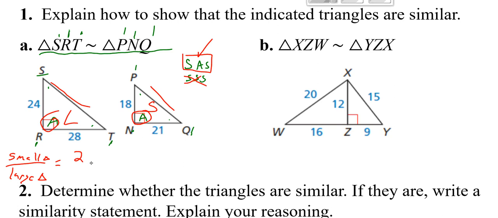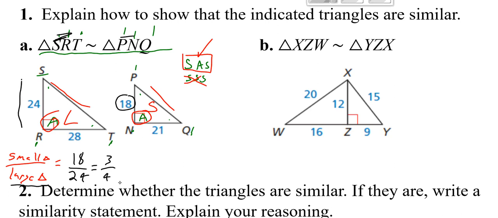Setting up your fractions is going to be important here. For my large triangle, my left side, SR, is 24. SR is up here, so my corresponding side is PN, so PN is here for my small triangle, that's 18 over 24. Those both have a factor of 6 in them, so that reduces to 3/4.